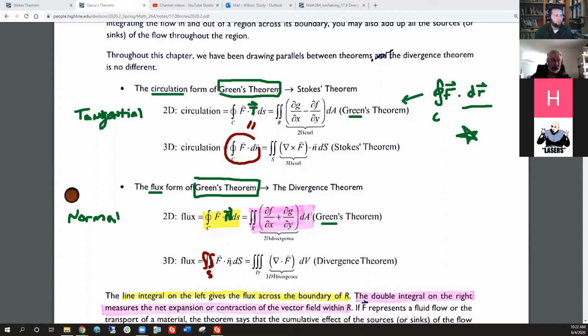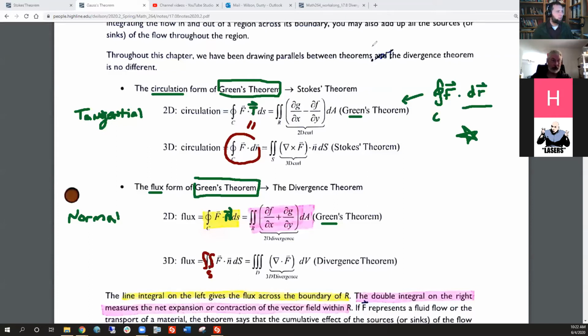It'll be equal to the triple integral of the 3D divergence with respect to dV. Are the parallels between the theorems clear, at least in terms of the formulas? Okay, I'm getting some thumbs up.